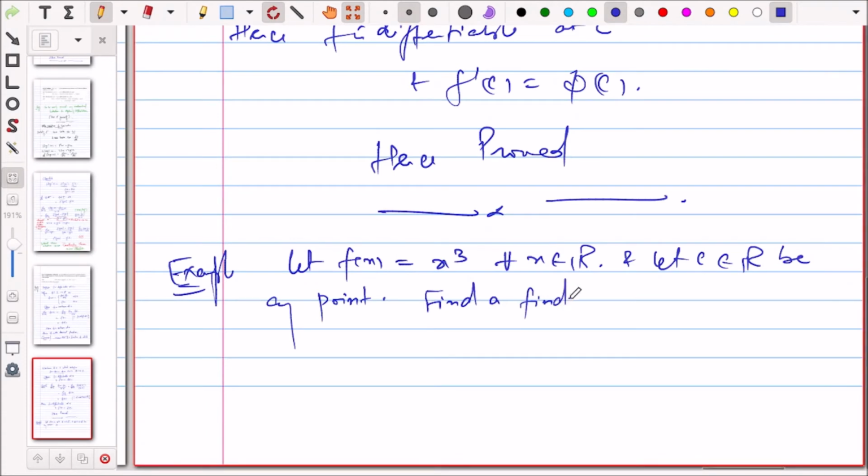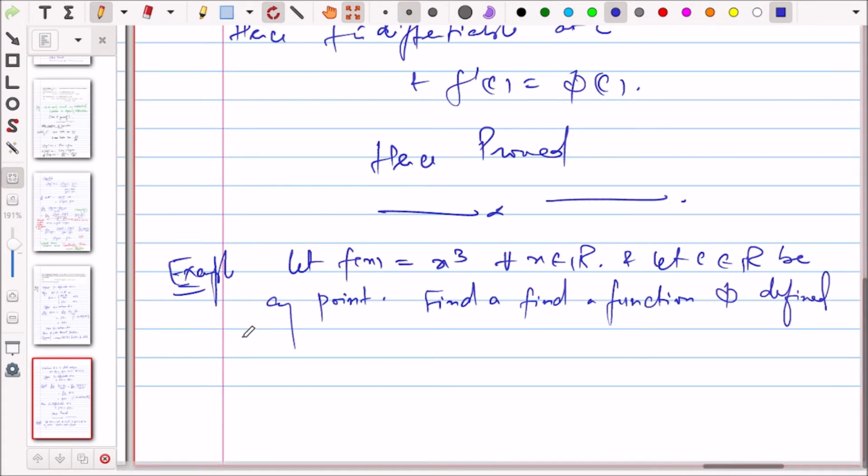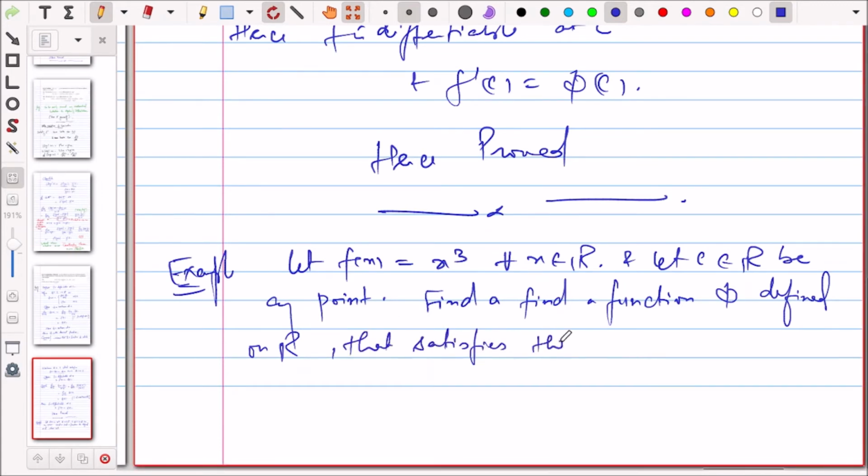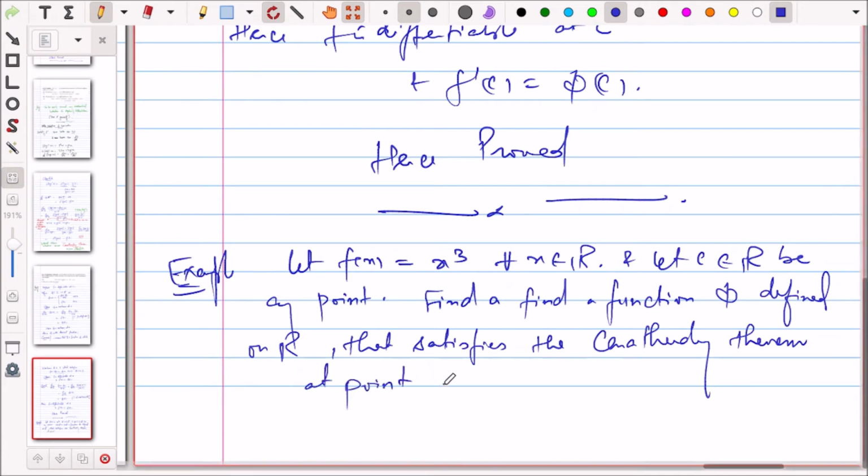Find a function phi defined on R that satisfies the Carathéodory theorem at point c. So tell me, what should phi be at c?